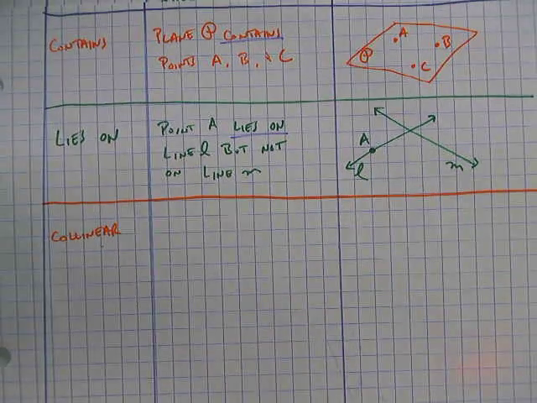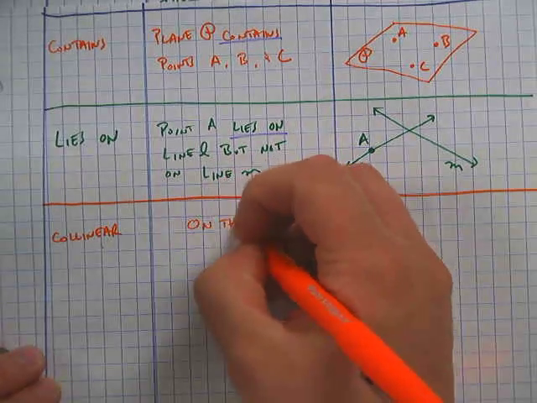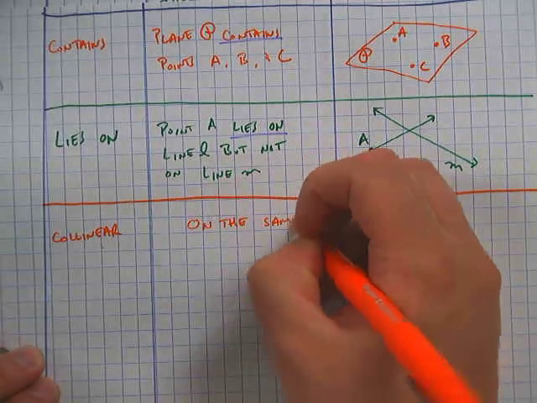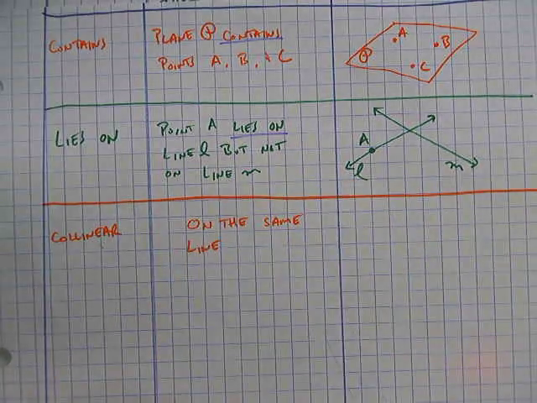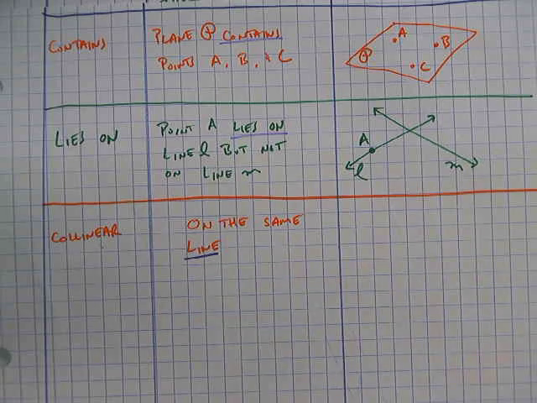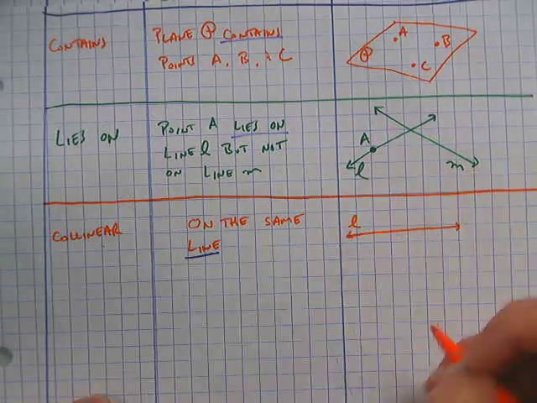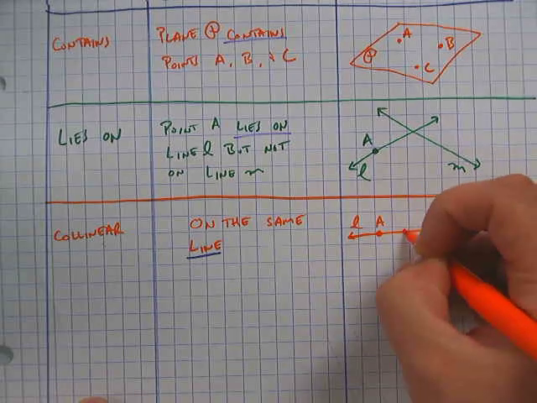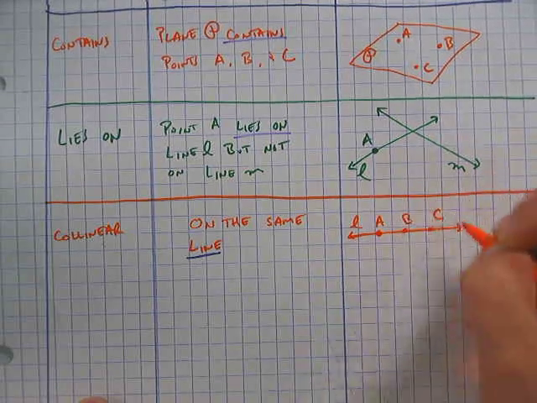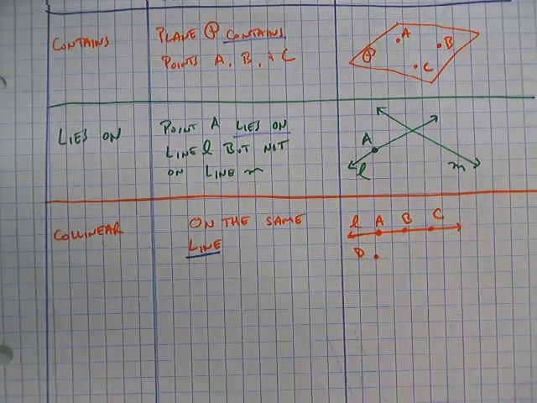Okay. 2 more words. These last 2 words are very important. The words are collinear for our first one. And let's just talk about that one for a moment. Collinear. So it kind of sounds like what it is. Collinear means on the same line.